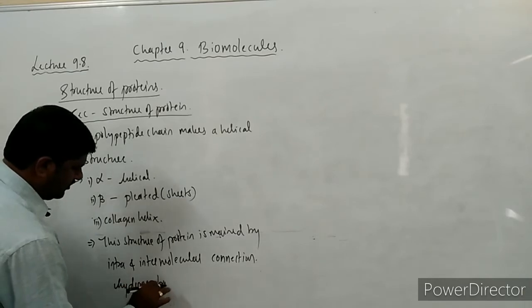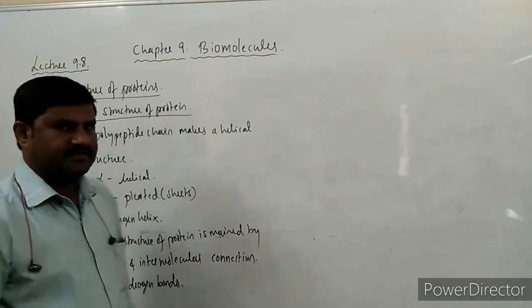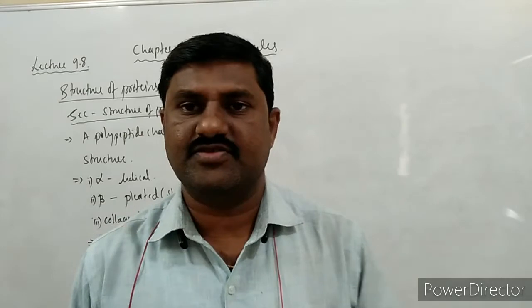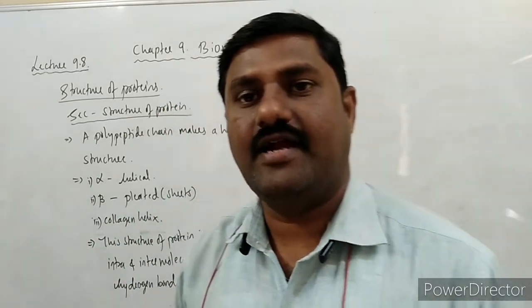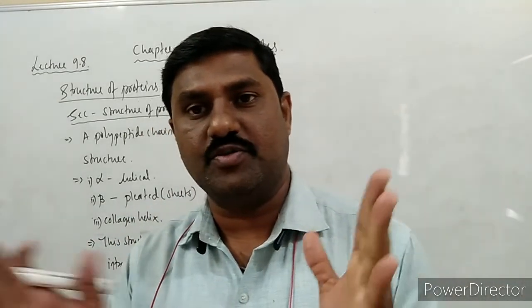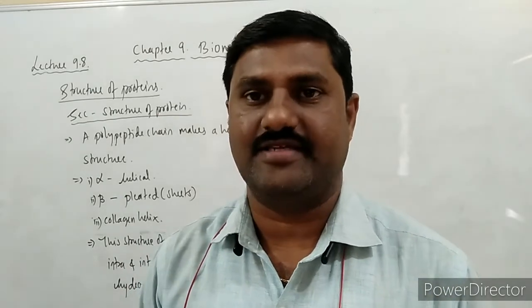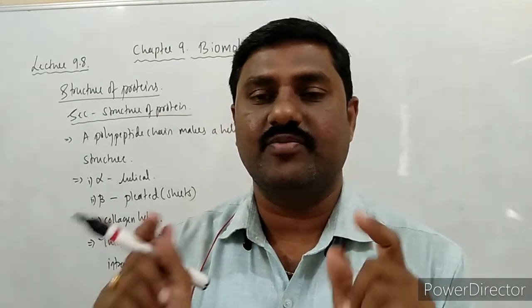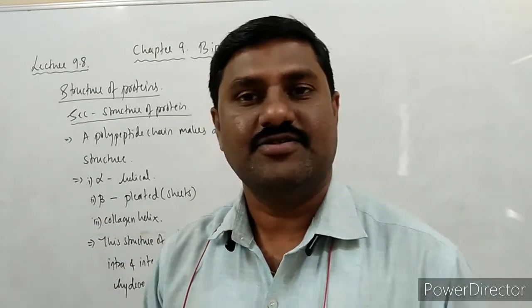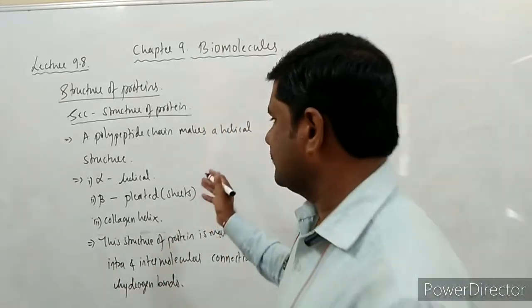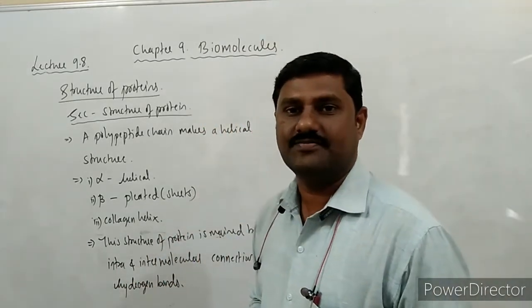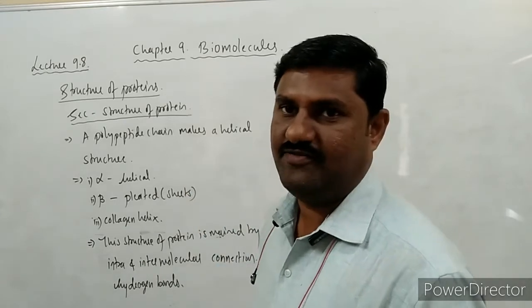Intra means within the molecule and inter means in between two molecules, two polypeptide chains. So there the hydrogen bonds are linking these so as to form the secondary structure of protein itself.